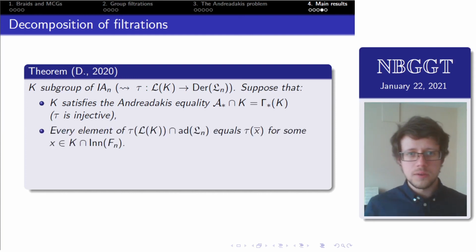And we also suppose that we have this technical condition saying that every element in the intersection of the image of L of K, inside derivations of the free Lie ring, with inner derivations comes from an element in K which is also an inner automorphism via the Johnson morphism.